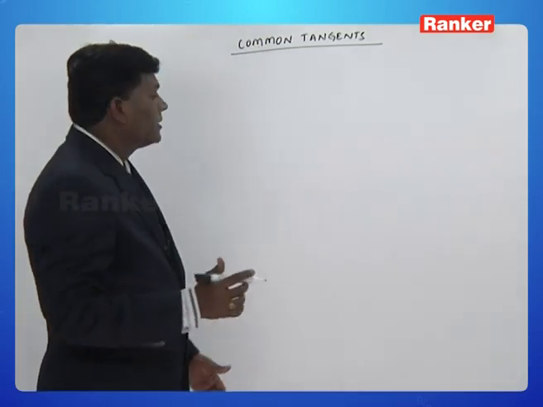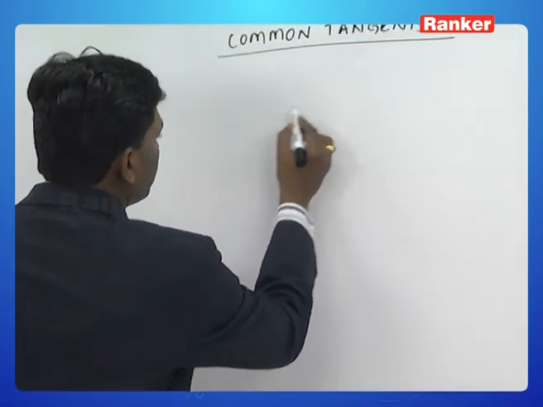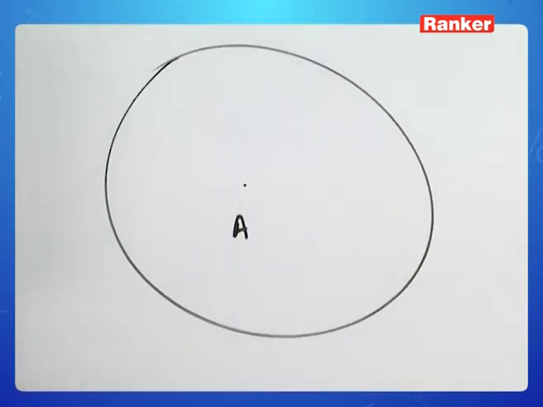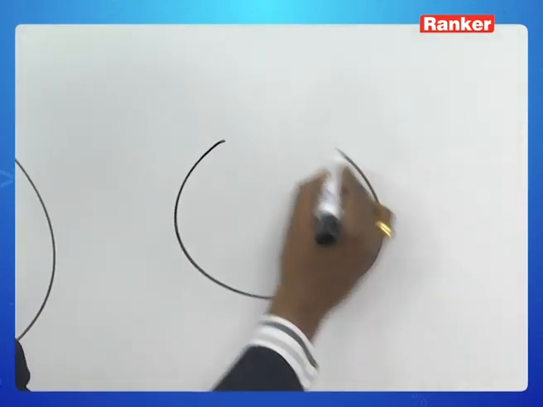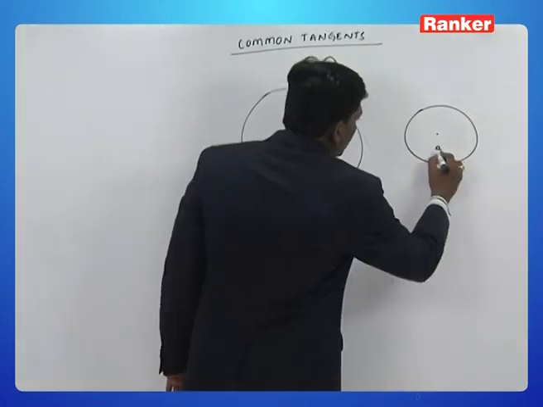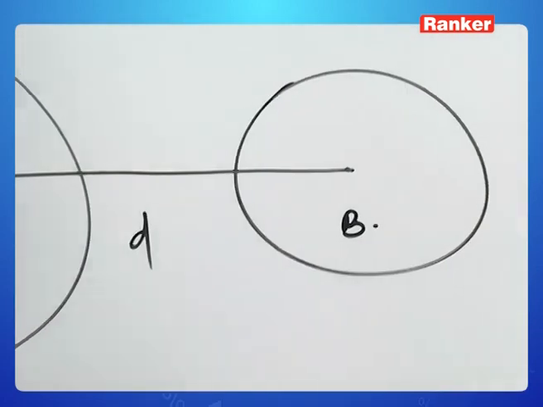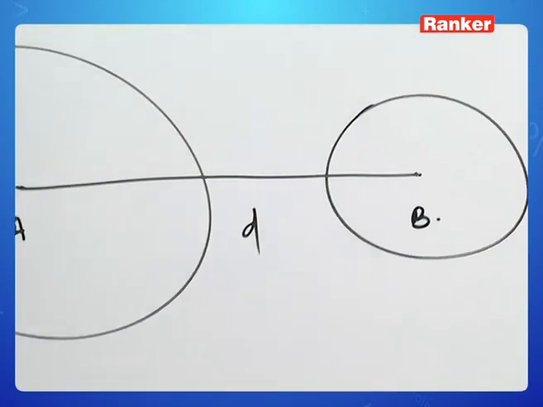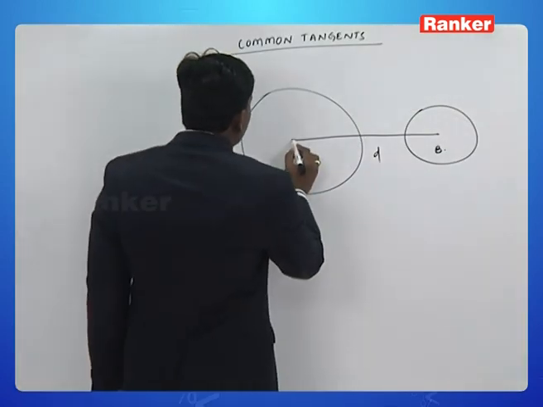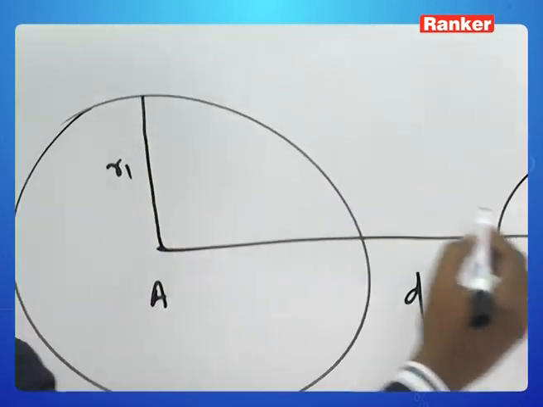Now initially we see the case when D is greater than R1 plus R2. Suppose this is the first circle with center A. This is the second circle with center B. Let us assume the distance between centers as D. Radius of the first circle is taken as R1.